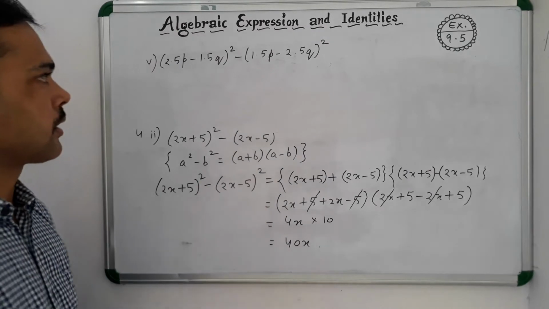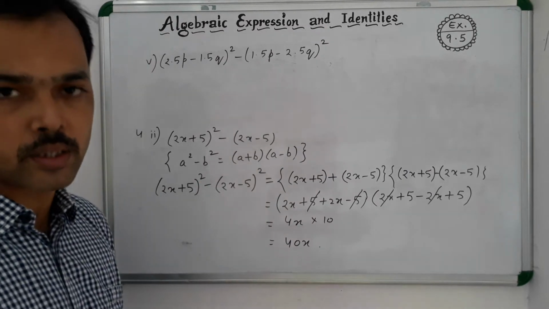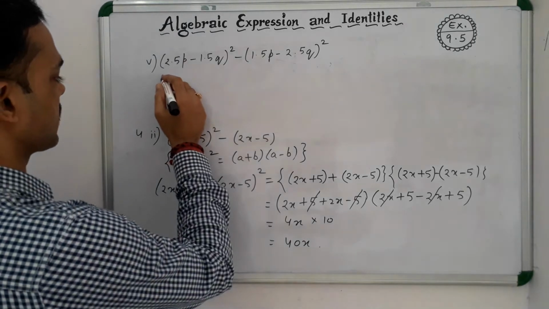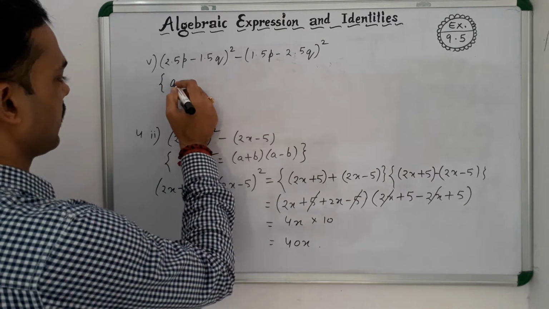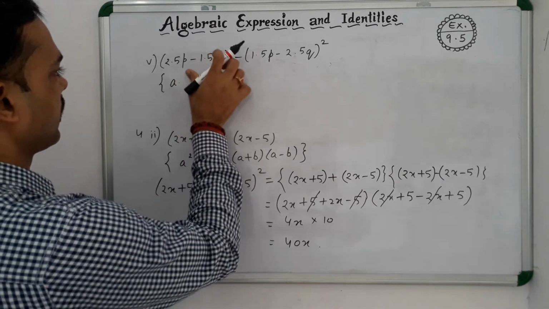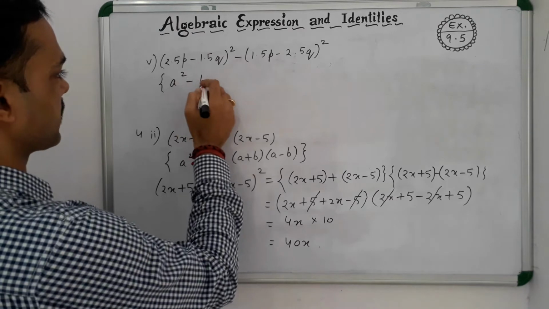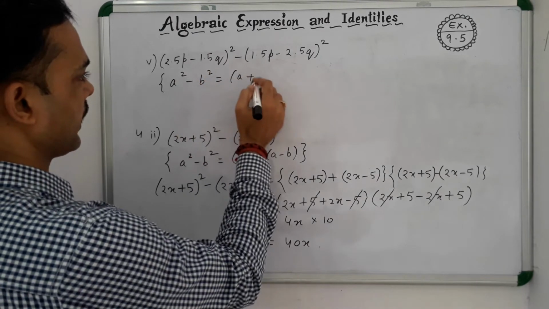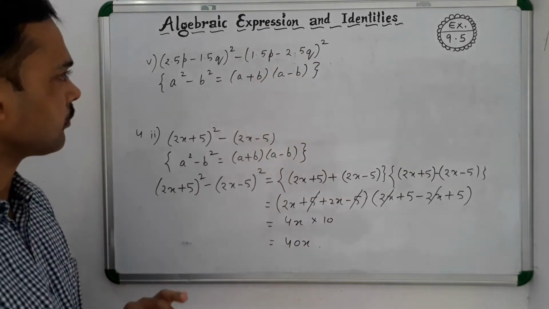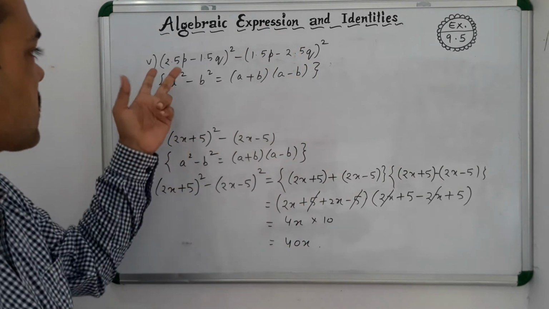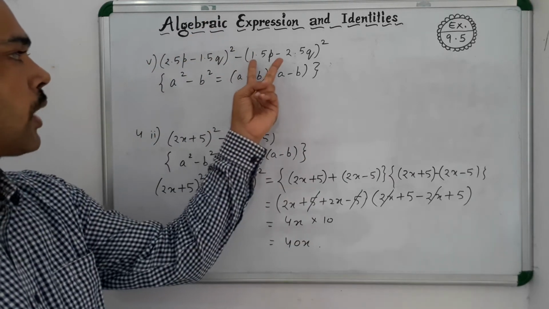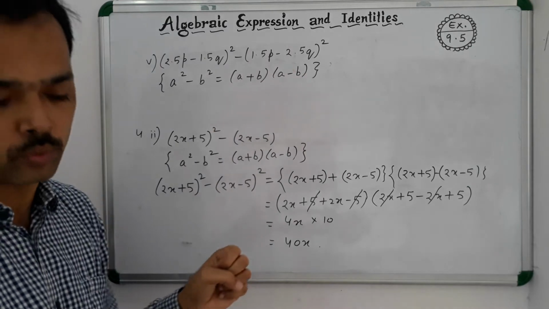Once again the same identity, that is third identity, will be used, which states that a square minus b square equals a plus b into a minus b. Here a is 2.5p minus 1.5q. B is 1.5p minus 2.5q.